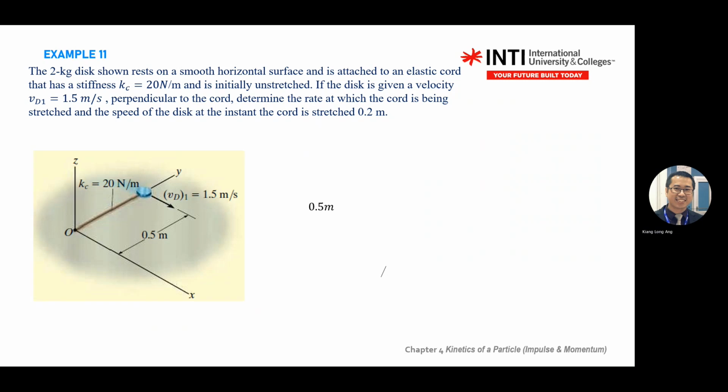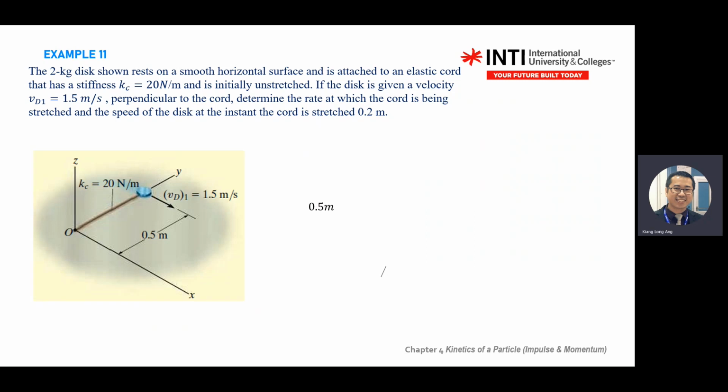You are given an object connected to the origin here, and this is an elastic cord, so it can be stretched. You are given the k value there. Initially unstretched.